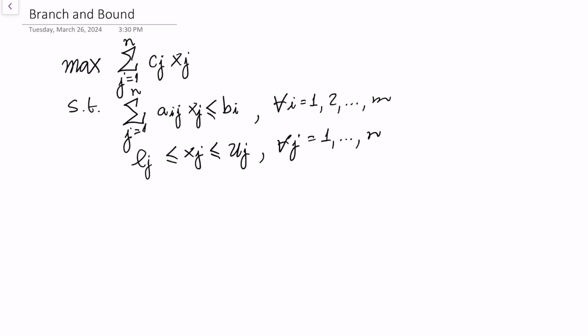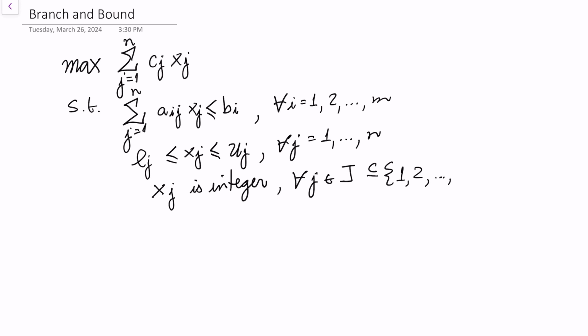The way it is represented now, this is just a linear programming model, but we know that we're looking at integer programming models, so we need to have the requirement that all the xj should be integer. So xj is integer for all j that belongs to the set J that's contained in 1 up to n, right?